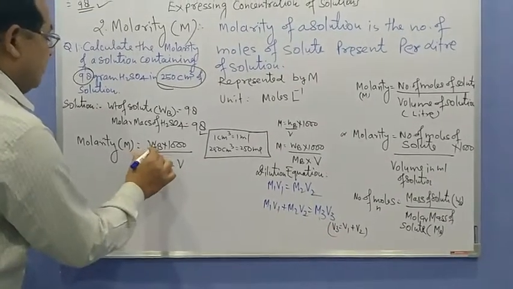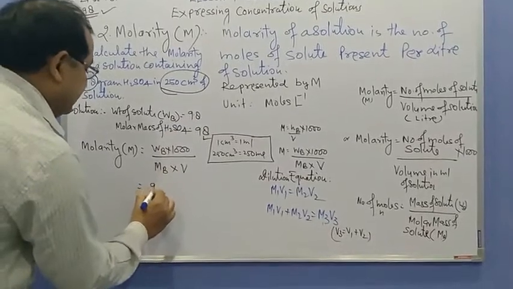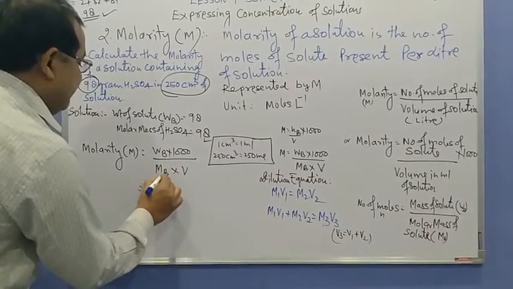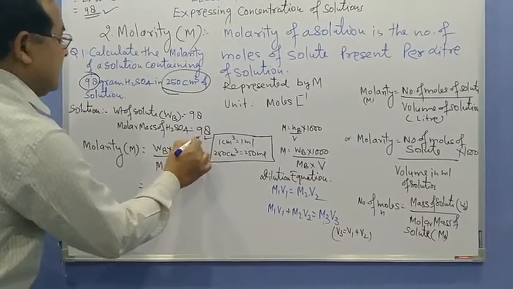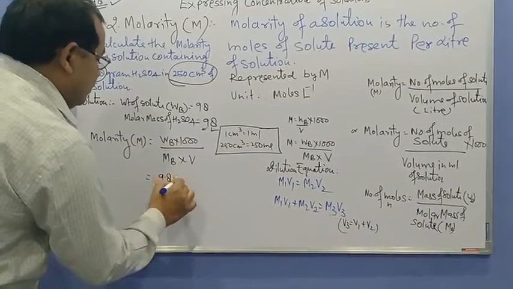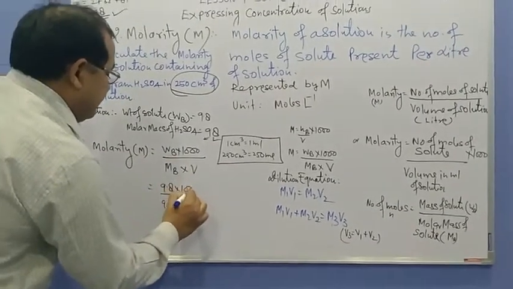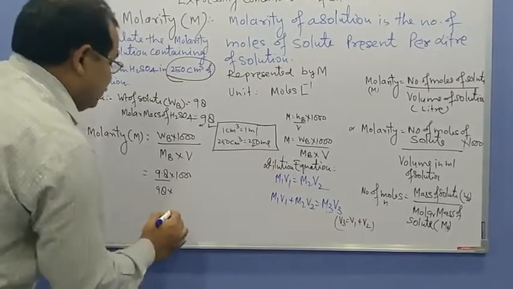Here put the value of solute Wb, that will be 9.8, upon Mb, molar mass of solute, that is 98, into 1000 upon V, volume will be 250 ml.